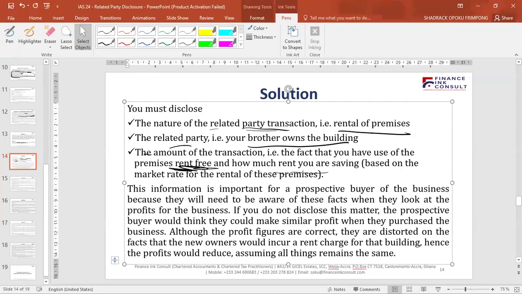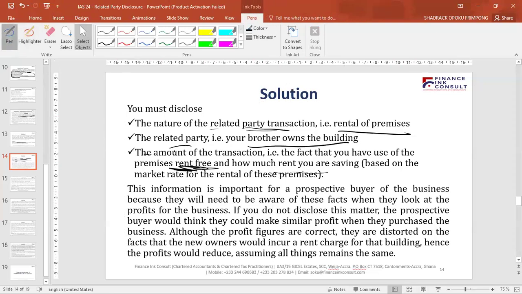If you do not disclose this matter, the prospective buyer will think they could make similar profit when they purchase the business. Although the profit figures are correct, they are distorted on the fact that the new owners would incur rent charges for that building, and hence the profit would reduce, assuming all things remain the same.